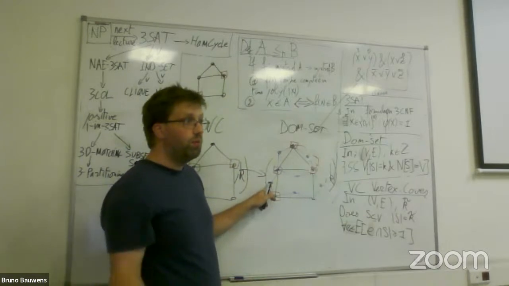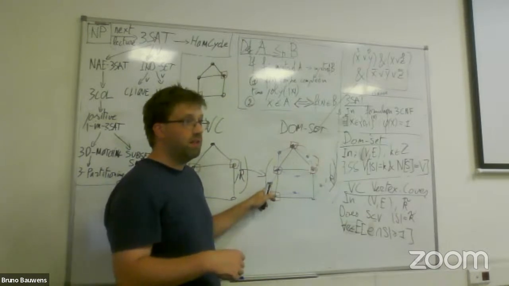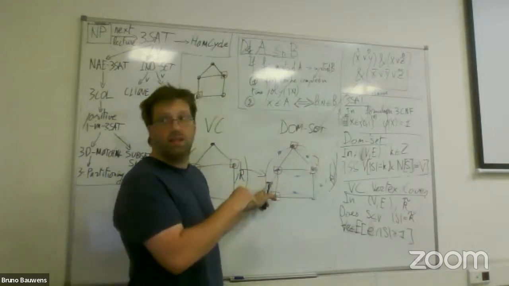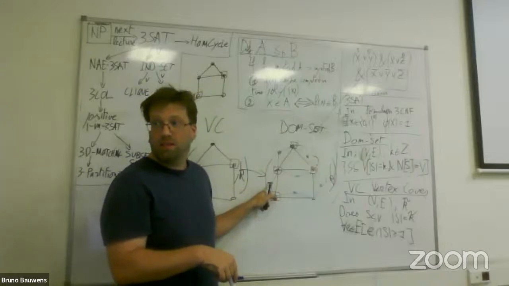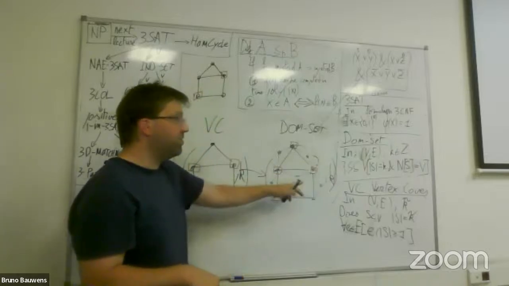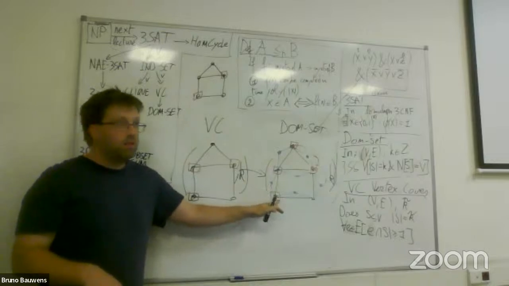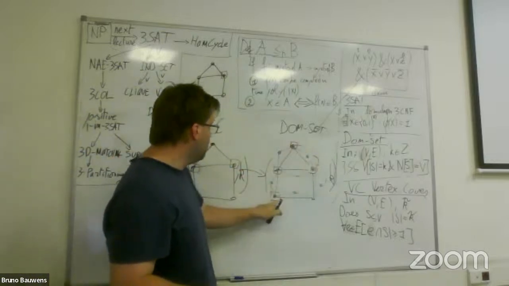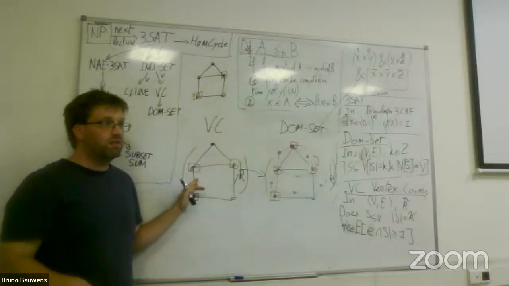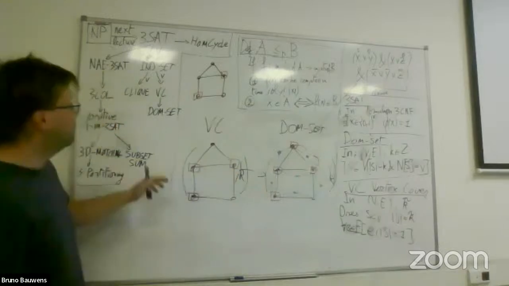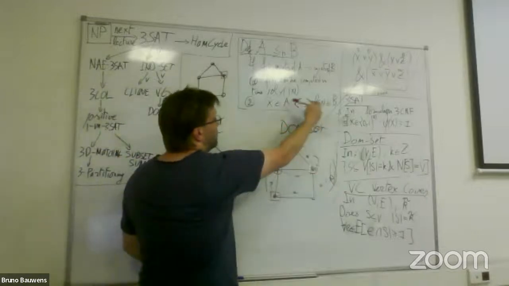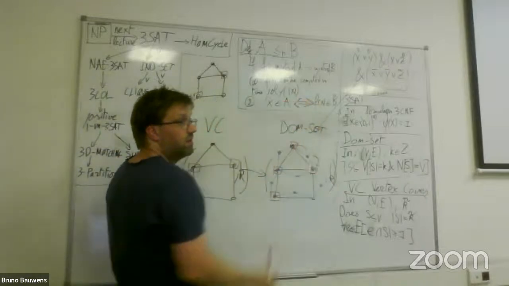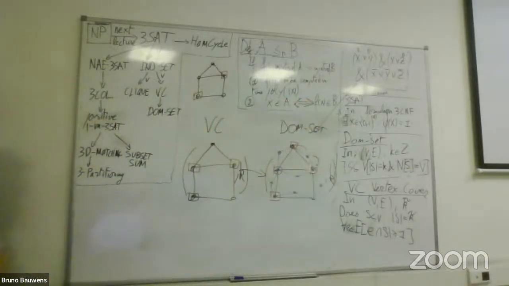So there are no blue nodes anymore in the dominating set, but every blue node has a neighbor in the dominating set, and there is a blue node for every edge. So the same set we found here is a vertex cover. And so we have proven the backward direction now. And it's finished, so very good.